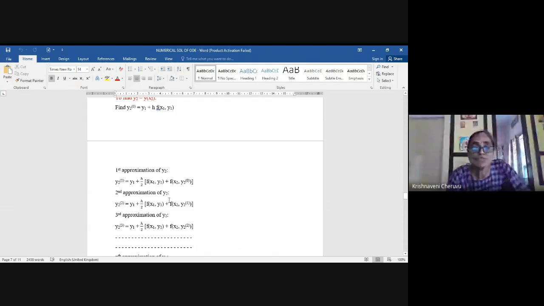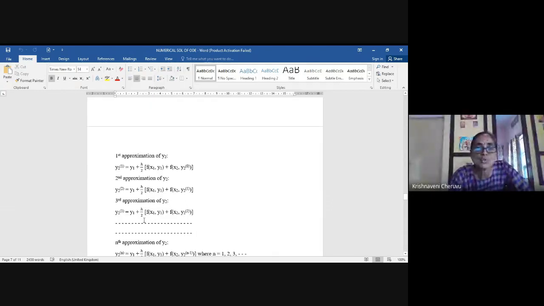Now the second approximation value for y2, see the notation, the second approximation is mentioned in the bracket: y2 bracket 2. It is y1 plus h by 2 f of x1 y1 plus f of x2, the previous value y2 bracket 1. Okay, now the third approximate value for y2 is y2 bracket 3, girls. Until here it is the same, and only in the last part you are substituting the previous value.